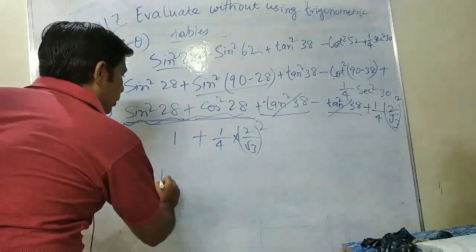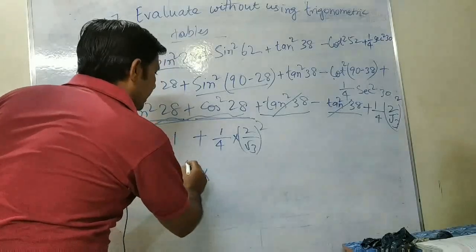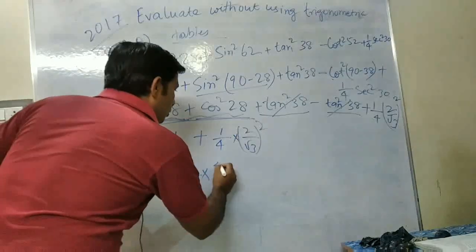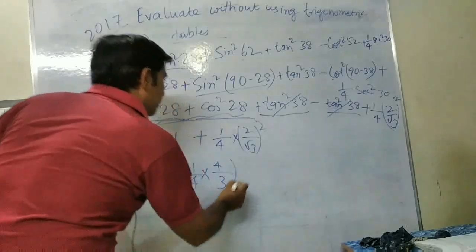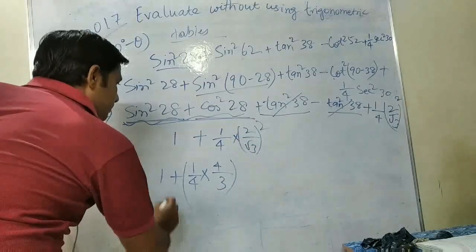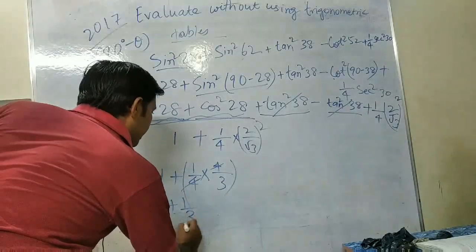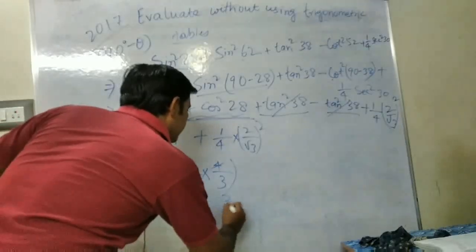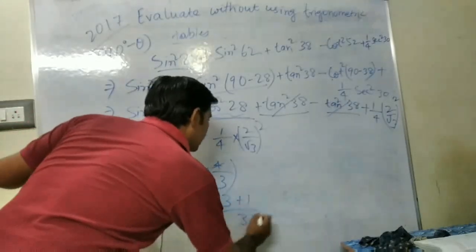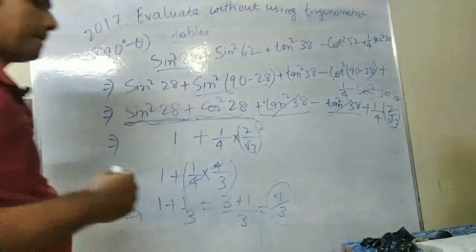Or we can write 1 plus 1 by 4 multiplied by 4 by 3. So the 4 will be cancelled. 1 plus 1 by 3, or we can write 3 plus 1 by 3, is equal to 4 by 3. This is the answer.